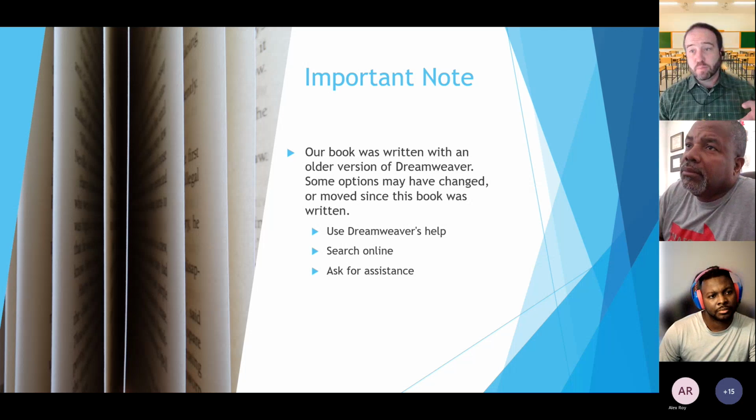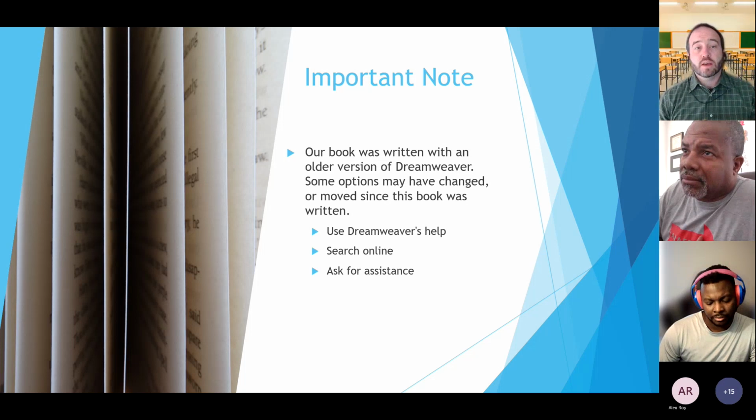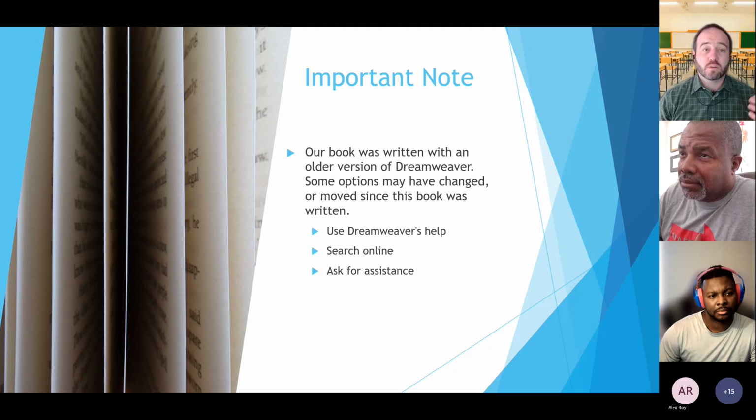You should note that this book was chosen because it's one of the few good books I could find about Dreamweaver, not because it is the most modern, most up-to-date book. It is enough to get you through the basics of Dreamweaver, but it is based on older versions. This, I think, is based on Dreamweaver 19, I want to say, and ours is 2021.